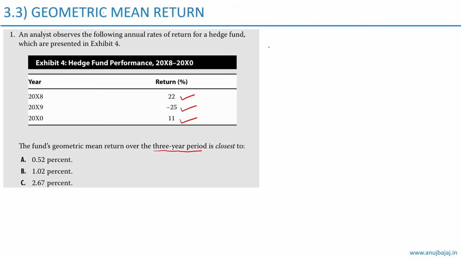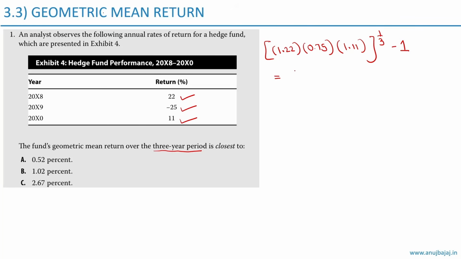So using the formula, we have 1 plus 22%, which is 1.22, multiplied by 1 minus 25%, which is 0.75, multiplied by 1 plus 11%, which is 1.11, raised to 1 divided by 3, minus 1.